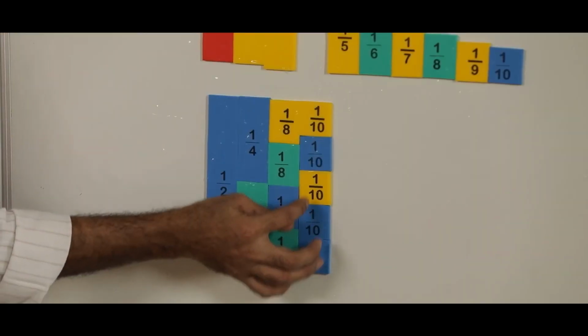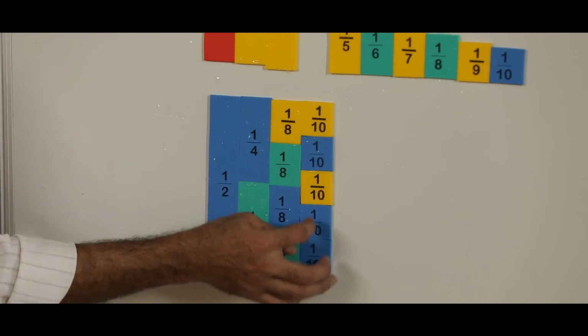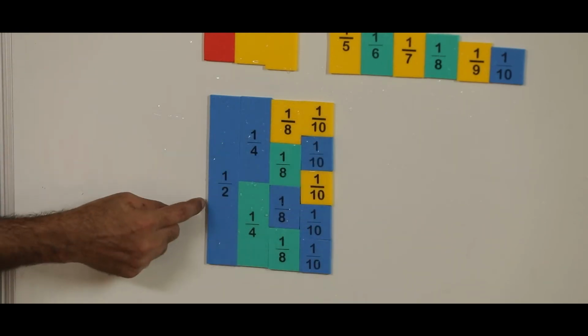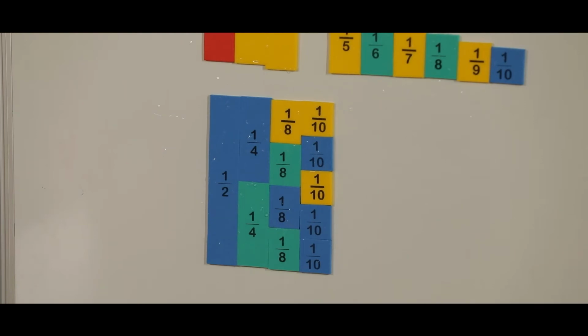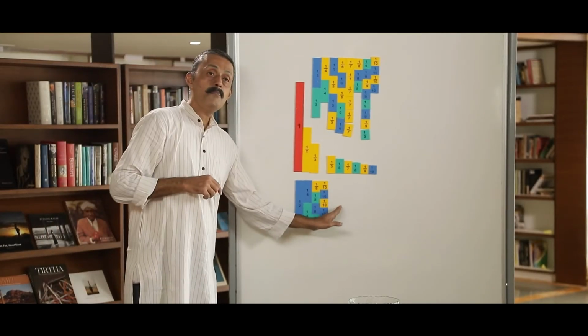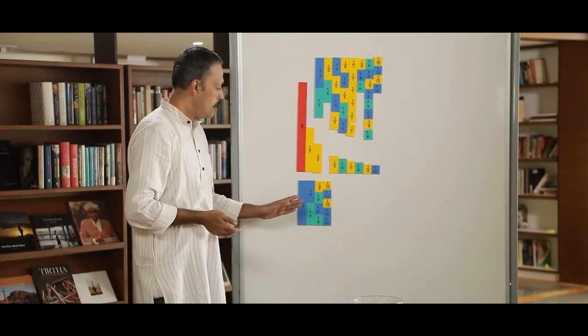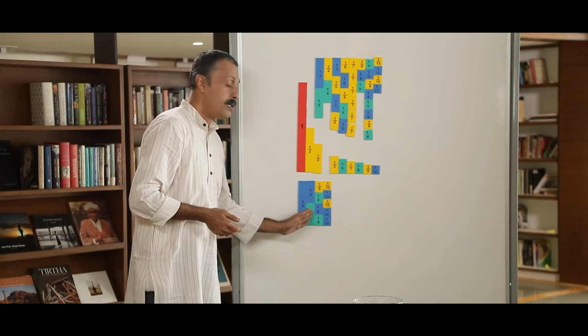This is 1/10. If I take 1, 2, 3, 4, 5 1/10s, it will be equal to 1/2. What do we call this? Equal fractions. These are called equal fractions.